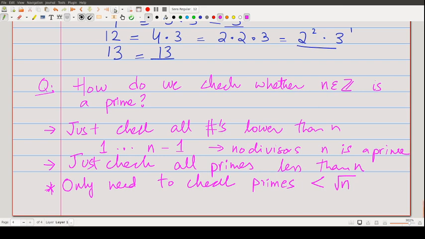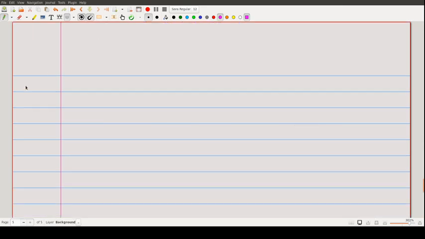So the idea is, if you want to check whether 27 is a prime, all you need to check is primes less than the square root of 27. Now the square root of 27 is going to be 5 point something.